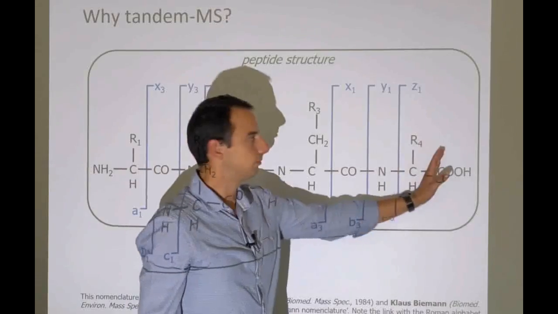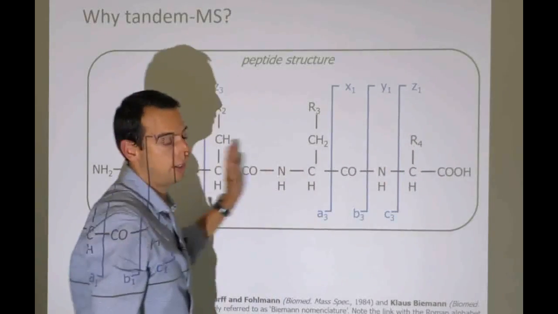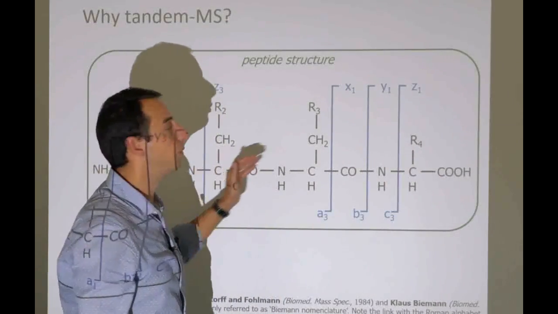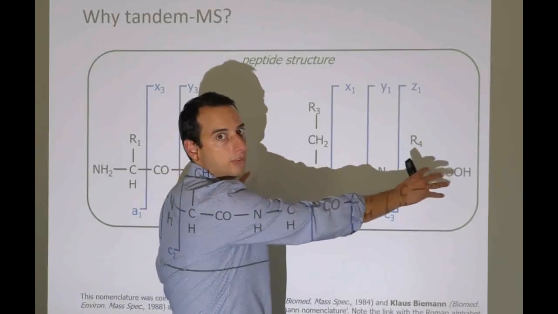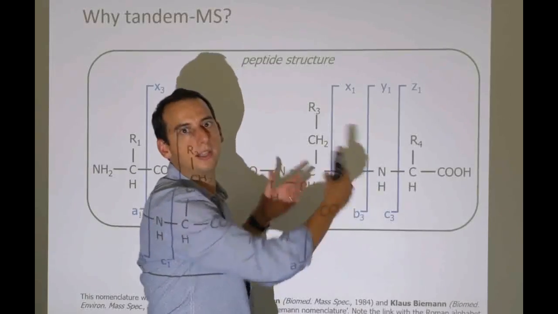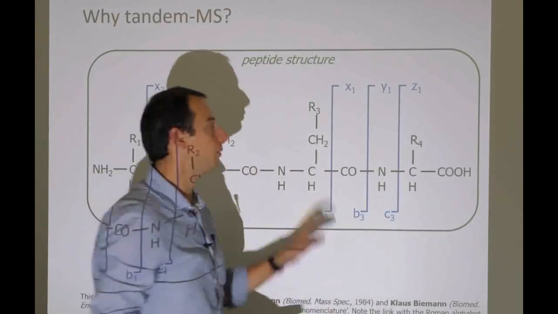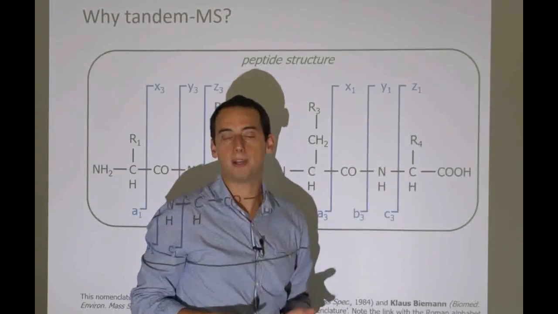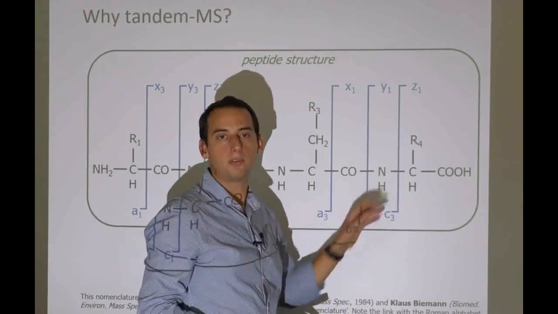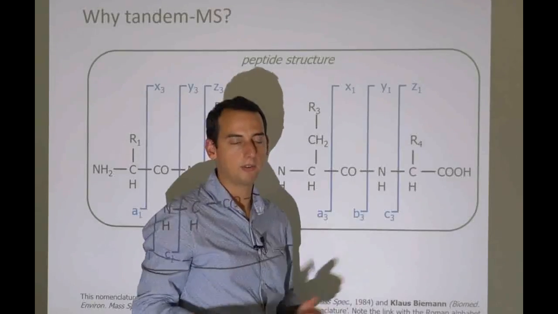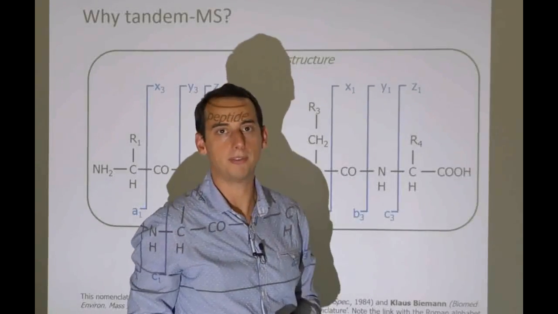One will be C-terminal and the other necessarily will be N-terminal. So we call these complementary ions. If you were to take these two fragments and glue them back together again, you would again get the original peptide. Together they should thus constitute the peptide mass again. It's quite important in some approaches that you can figure out which ones of these ions in the fragmentation spectrum are complementary.